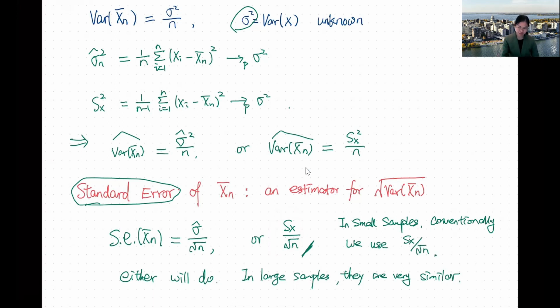The reason is that sx squared is an unbiased estimator of sigma squared. But that doesn't mean that sx is an unbiased estimator of sigma.